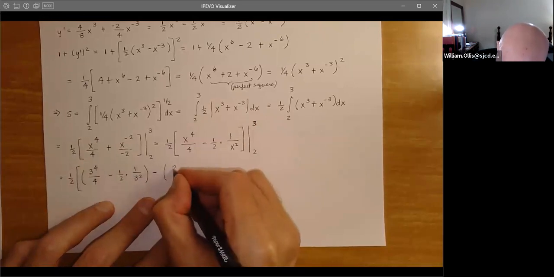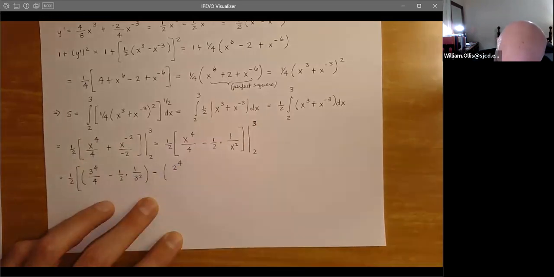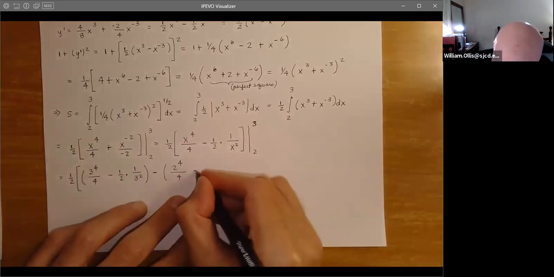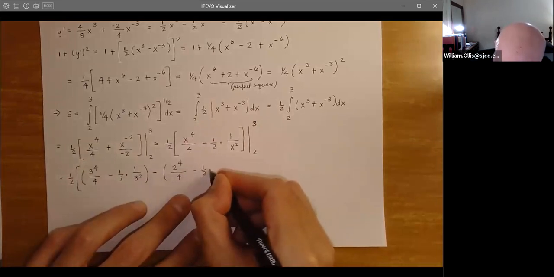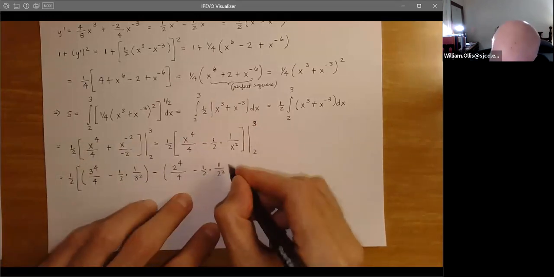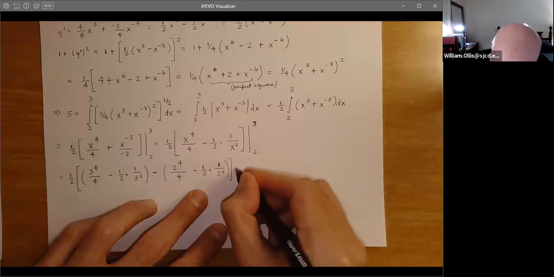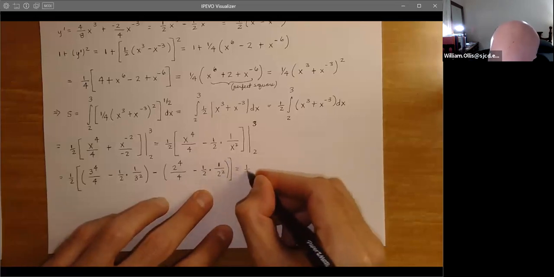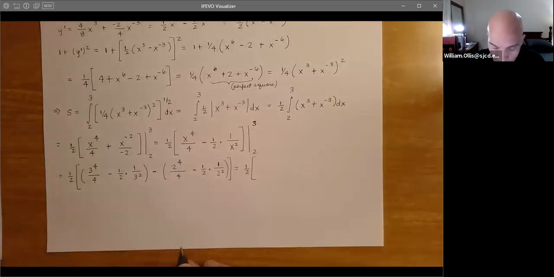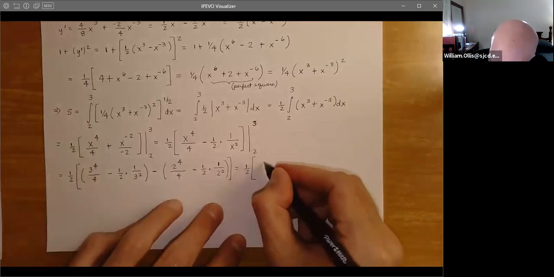So we get 2 to the 4th over 4 minus 1/2 times 1 over 2 squared. So again, we have to be court reporters, but good court reporters. So now when we look at this, we've got basically 9 times 9, so that's 81 over 4.